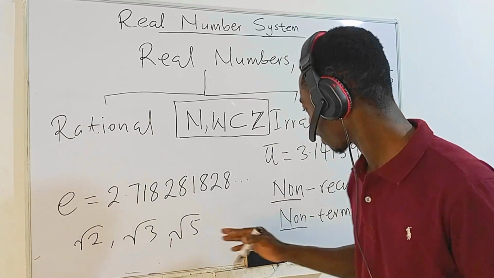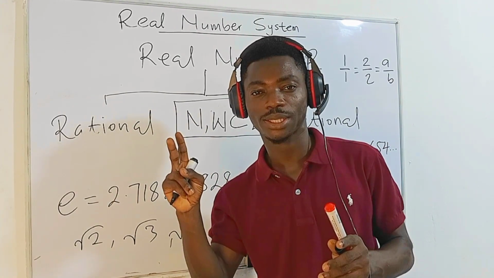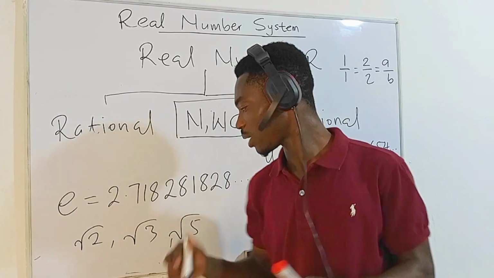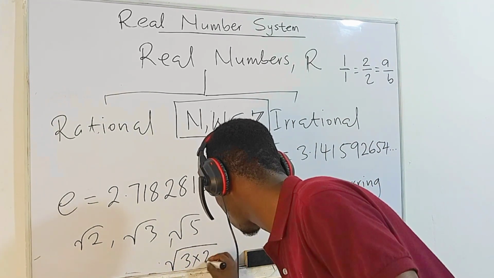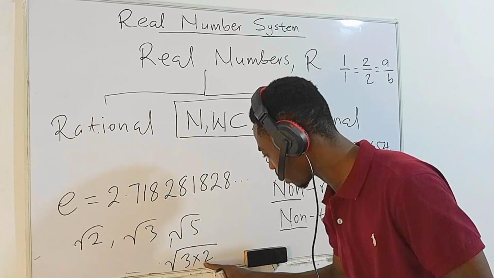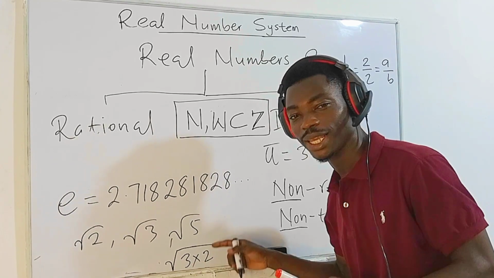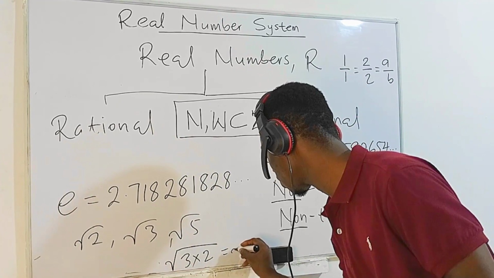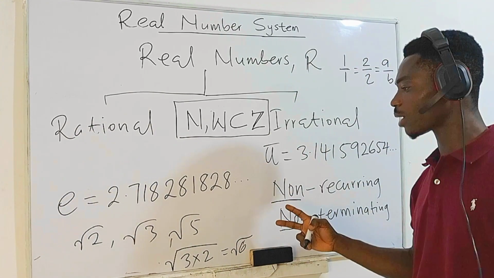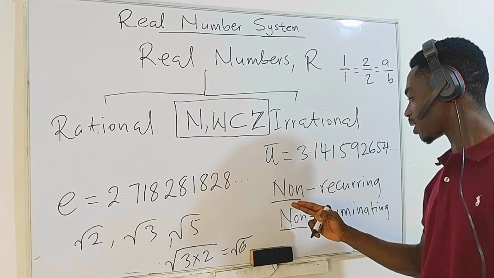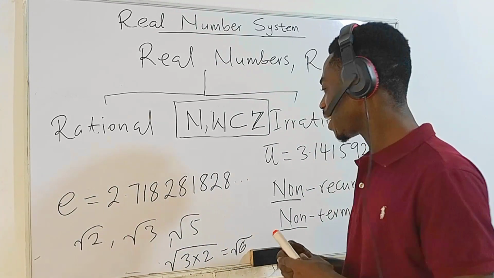Another irrational number is the square root of the product of two different prime numbers. Example is, let's say we have square root of 3 times 2. 3 is a prime number, 2 is also a prime number. This will give us square root of 6, and square root of 6 is irrational. If you use a calculator for this, it will give you digits that are non-recurring and non-terminating at the same time. So basically, that is that.